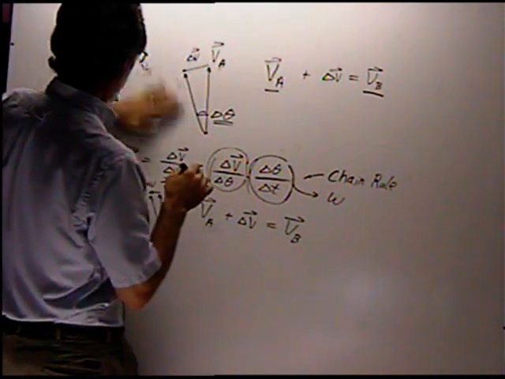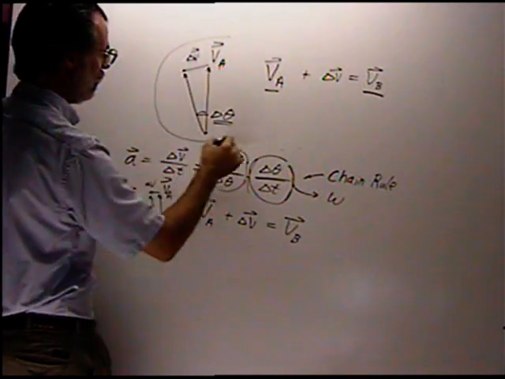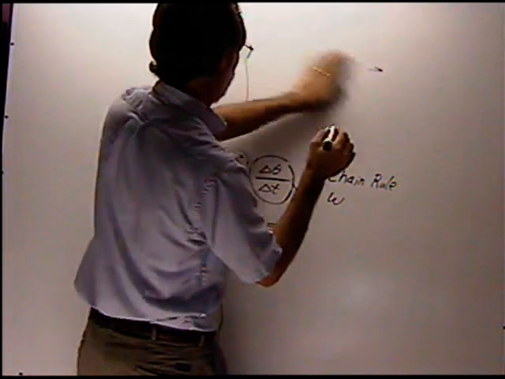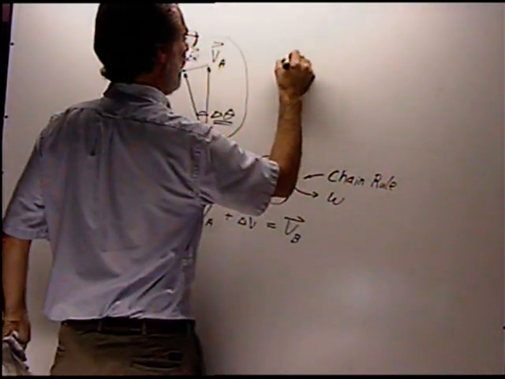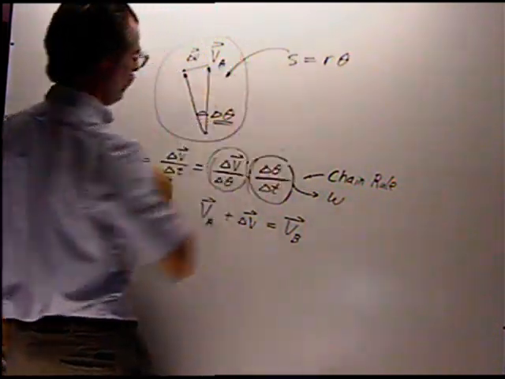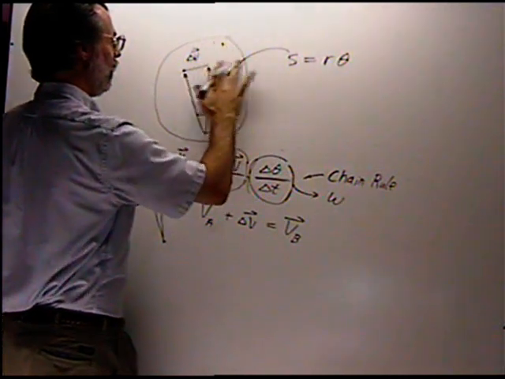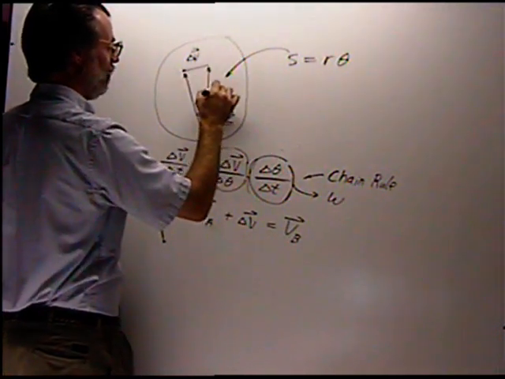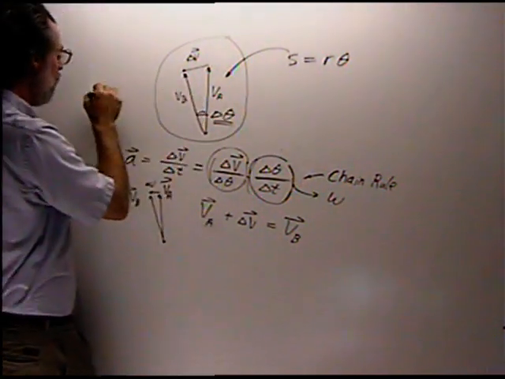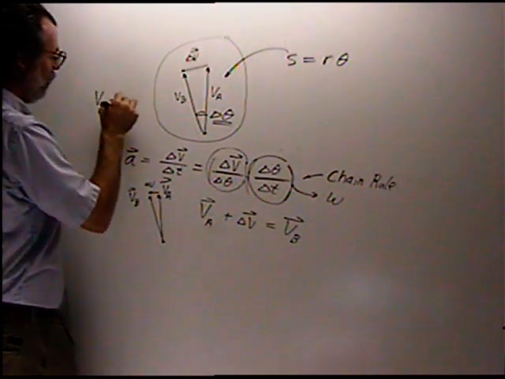Now I'm going to erase this. We're going to look at this right here, and we're going to use the equation S equals R theta and apply it to this situation. This is a little bit hard to understand, but I think you can see it. This is VA, this is VB, and remember, numerically, the absolute value of VA is equal to VB.